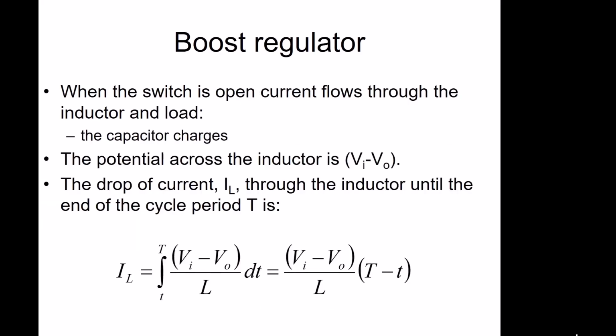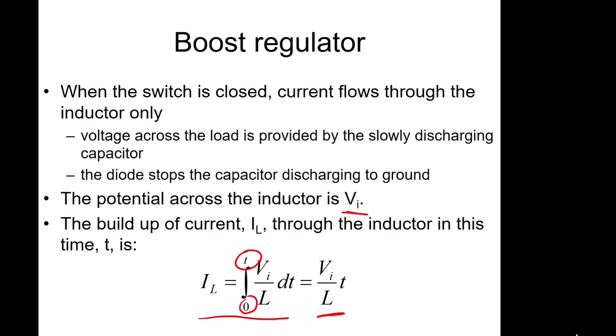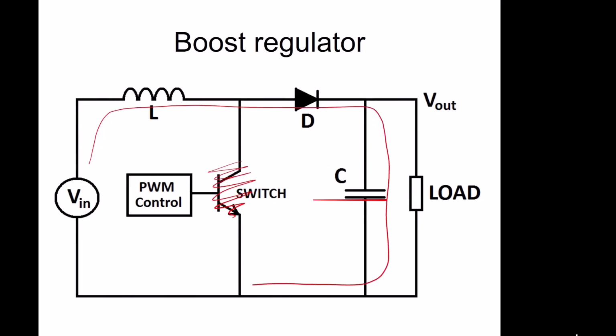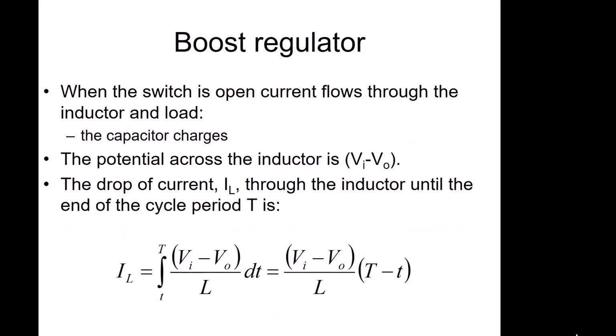When the switch is open, current flows through the inductor and load. So if you have this switch open now, current cannot flow this way, the current is going to flow in this direction. So this is going to pass current through the load and is also going to charge the capacitor. So this capacitor is getting charged now. The potential across the inductor in this scenario is V in minus V out.